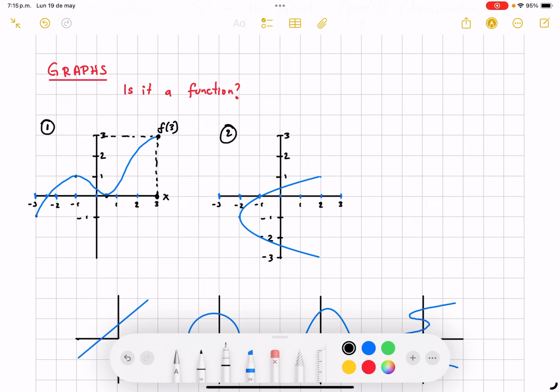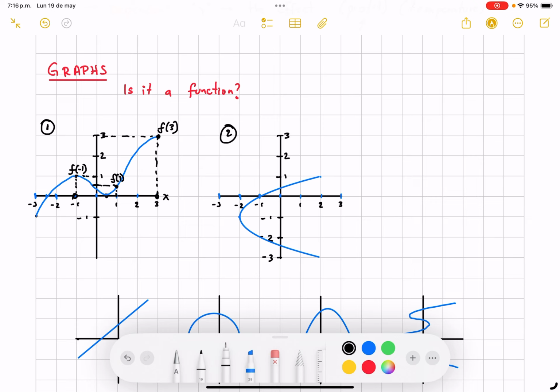Another example, when x equals 1, f of 1 equals 0.5. When x equals minus 1, f of minus 1 equals 1, which is the height.